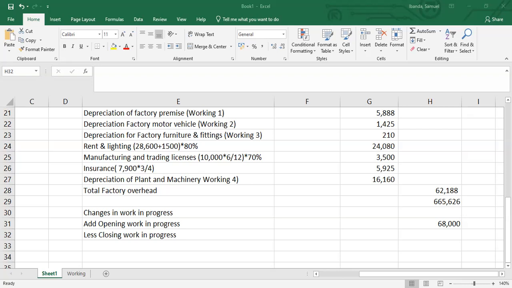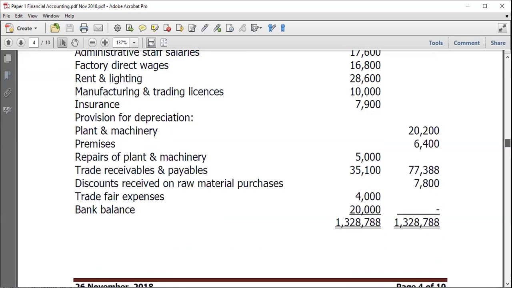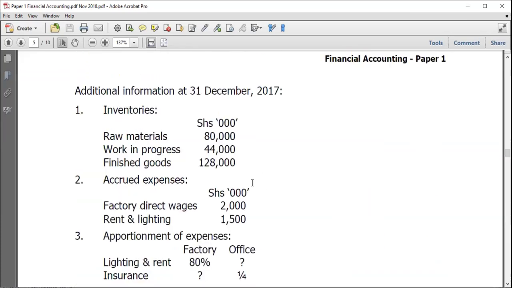So the next thing that we are going to look at, now back to our question, is our closing work in progress, which was given here, which is 44,000. It is 44,000.